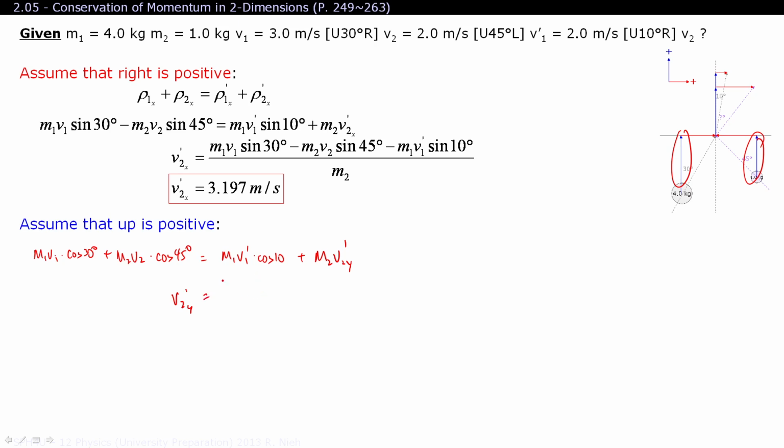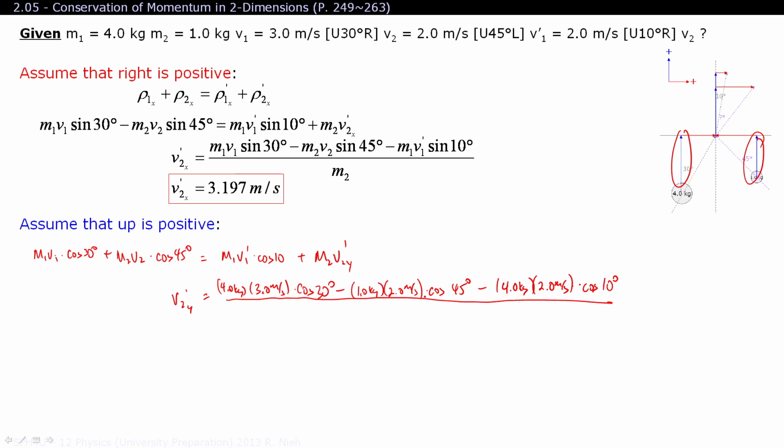So that's equal to, and I'm going to sub everything in now, m1, our 4 kilograms, times the velocity of 3.0 meters per second times the cosine of 30 degrees, minus object number 2, its speed, 2.0 meters per second, times the cosine of 45 degrees, and subtract object number 1's new velocity and new corresponding direction after the collision, and divide all of this by mass number 2 of 1.0 kilograms.